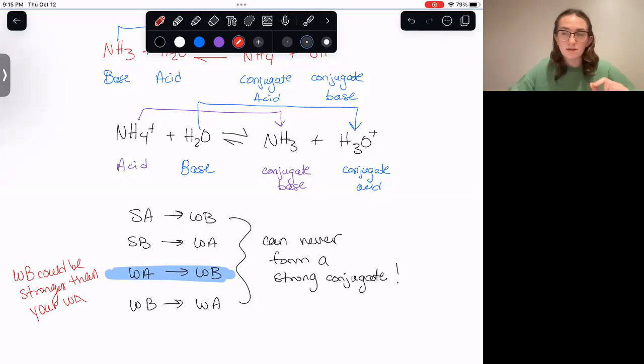That just means that it's a stronger weak thing. Okay, does that make sense in terms of strengths of conjugates? Cool. I think that's important to know. You can only form weak conjugates.